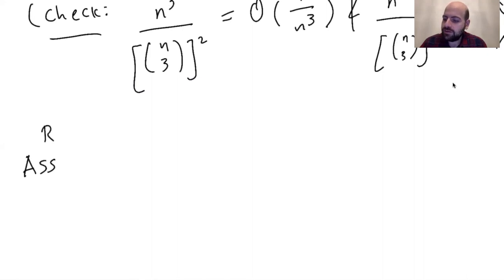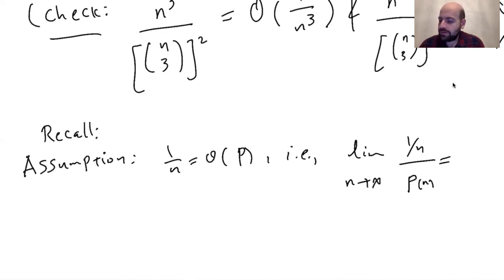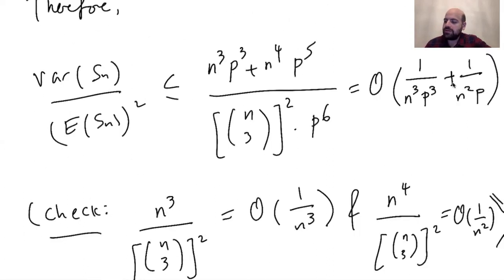Assumption, recall: the assumption was 1 over n was much less than p, i.e. limit of 1 over n divided by p, of course p is p of n, it's a function of n, is 0, i.e. limit of 1 over np is 0.